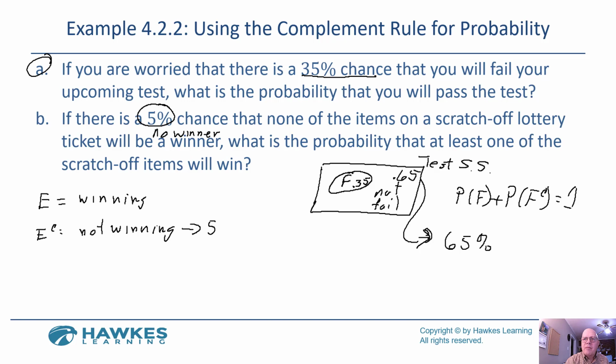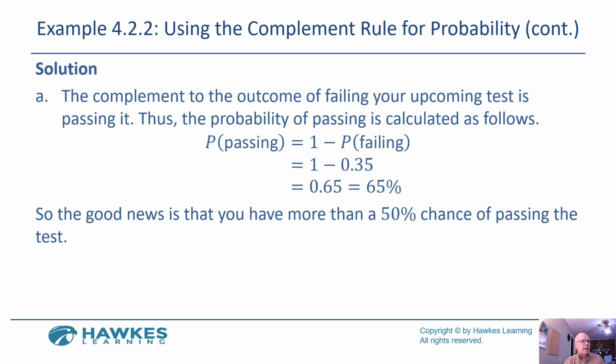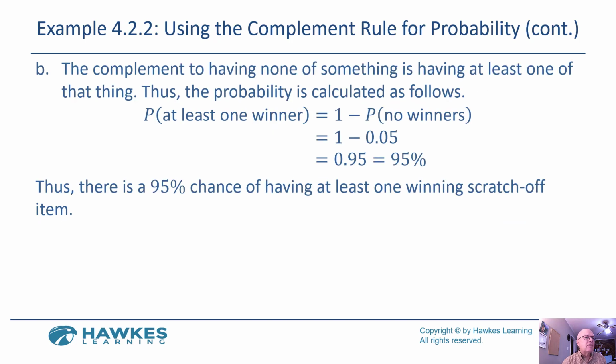This is 5%, also known as 0.05. So what's this one? This would be 95%, or 0.95 if you wish. And there's the wrap-up. And so you have a better than 50-50 chance of passing the test, and you have a 95% chance of at least one winning scratch-off on your item.